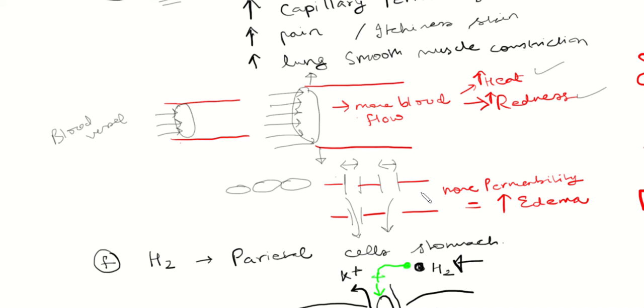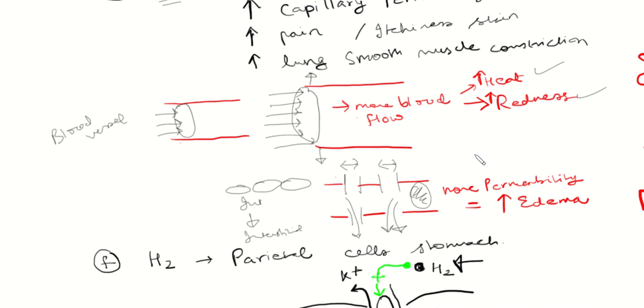That means more fluid is going to go from inside the blood vessel to outside the blood vessel, or from intravascular to interstitial, which is outside the blood vessel but also outside the cell. Now, there's going to be some pain, so it does mediate pain.